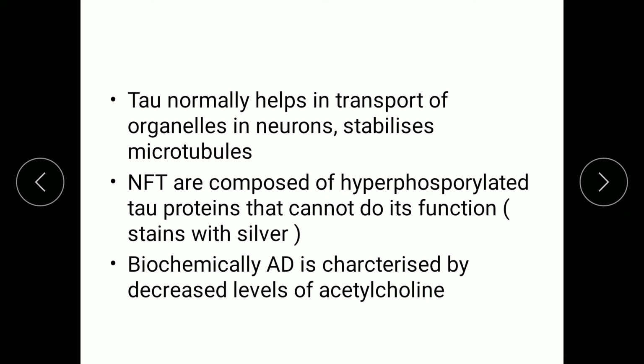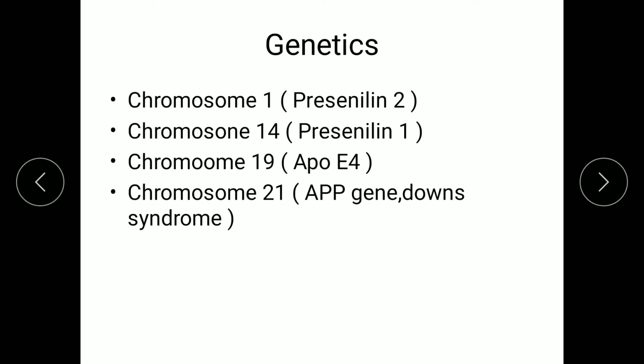Biochemically, Alzheimer's disease is characterized by decreased level of acetylcholine. So, any drug that increases the level of acetylcholine in the nerve terminals can give us symptomatic relief. Coming to the genes, these are the genes commonly implicated in the development of Alzheimer's disease. It is chromosome 1, chromosome 14, 19 and 21.